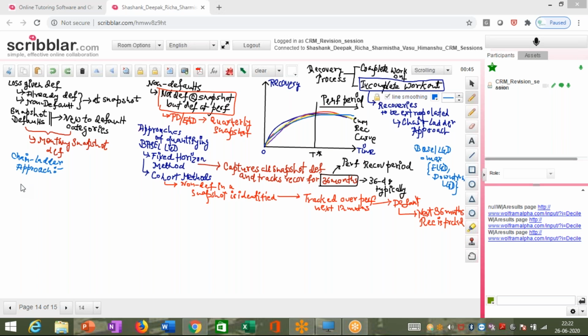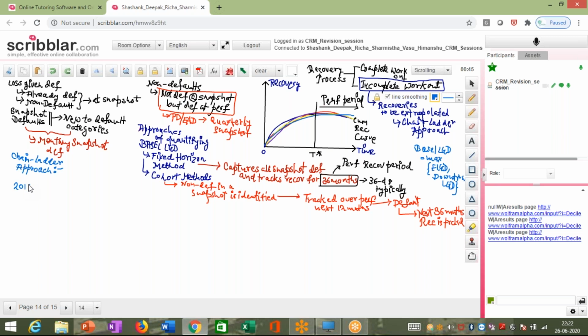So let's say I am standing on 2016-06, and I'm talking about the snapshot of defaults.